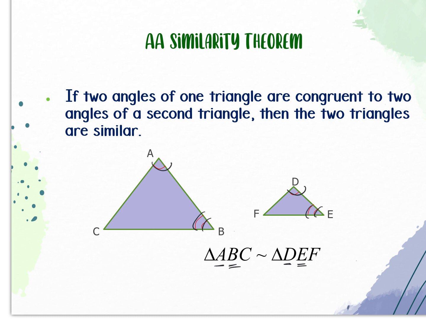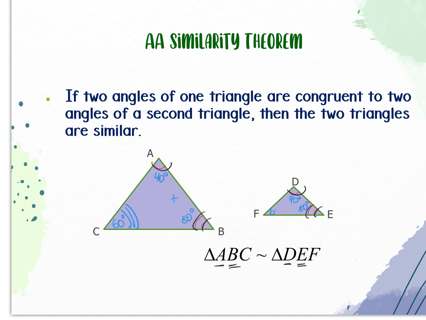Just so you know, once you know that two angles are congruent, let's say this one is 40 degrees, and let's say this one is 80 degrees, and this one's also 80 degrees. Well, you know the three angles of a triangle have to add up to 180 degrees. If these two add up to 120, that means this one has to be 60 degrees.